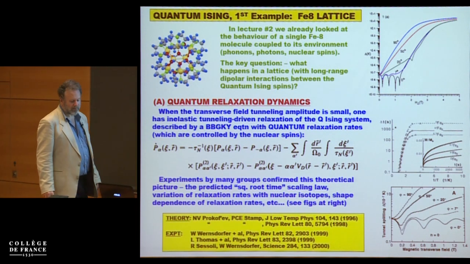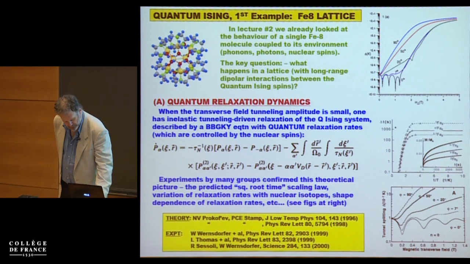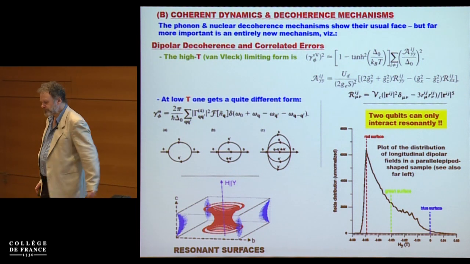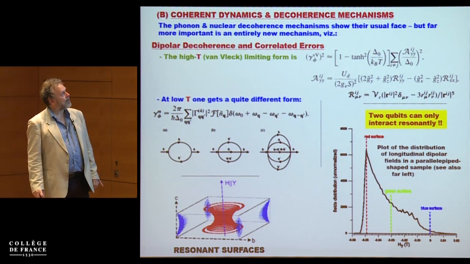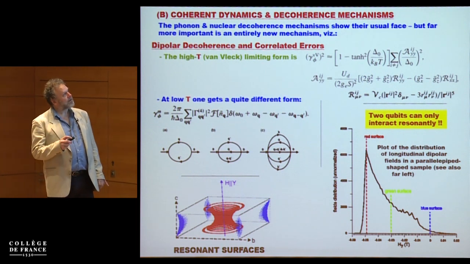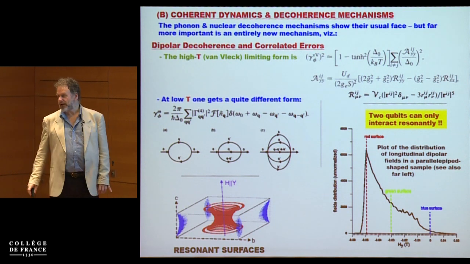And so then the big question was, well, now let's try and go to the coherent regime, which is the one of interest in quantum computation. So the theory for this was done, again, some time ago. And this is where it gets interesting, because now it turns out that by far the most important decoherence mechanism is the one involving long-range interactions.